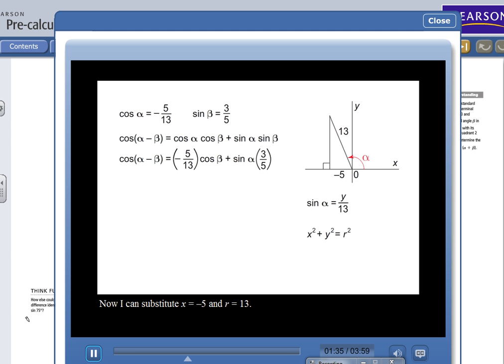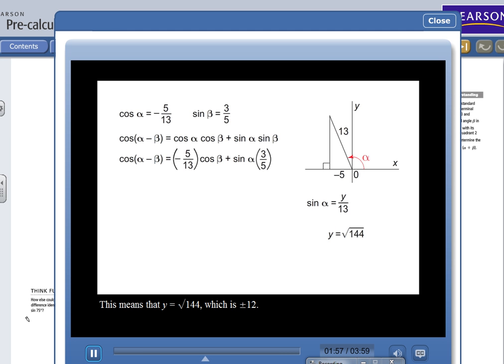Now I can substitute x equals negative 5 and r equals 13. Negative 5 squared is 25. 13 squared is 169. 169 minus 25 is 144. So, y squared equals 144.